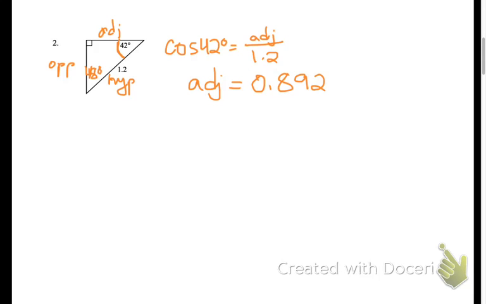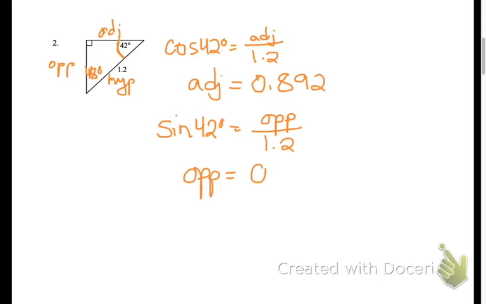We've got our adjacent side. Now for the opposite side, it's not the cosine that we want, but it's the sine function. The sine of 42 degrees is the ratio opposite over hypotenuse. Solving for the opposite here, we're going to end up with an opposite side length of 0.803. And we've solved that right triangle.